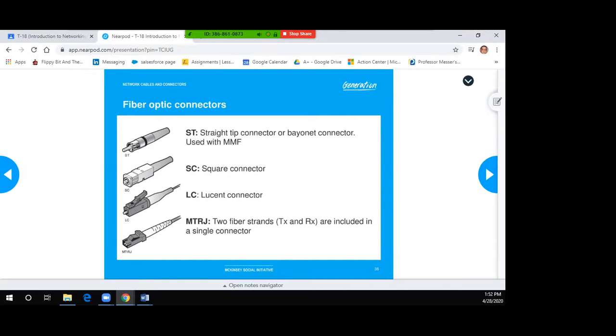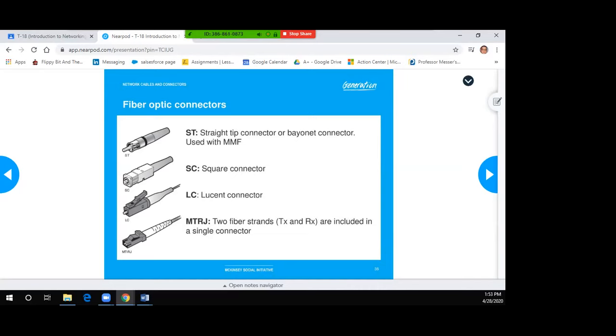In the center is the fiber with a plastic tubing, and in the center is the fiber hair. It has an almost identical look to a BNC connector, but this one is called ST. So the way I remember it, the straight tip connector, I just remember it looks like a token ring or a BNC connector, ST.